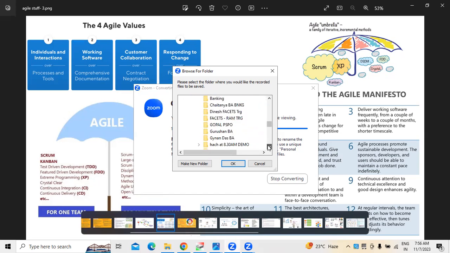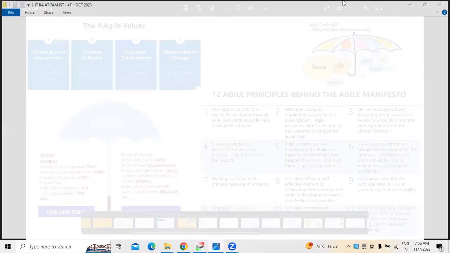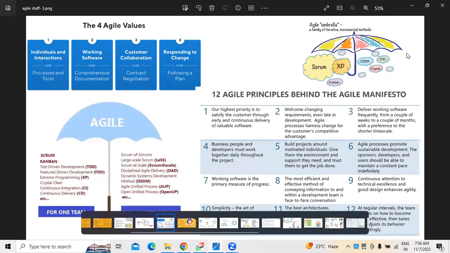Kanban is mainly useful on the manufacturing side, because there they don't want to waste time. Wastage of time shouldn't be there, right? If wastage of time is more, it automatically increases the production cost. So in order to avoid all that, they follow the Kanban model. There are also DSDM, RUP, and XP, extreme programming.